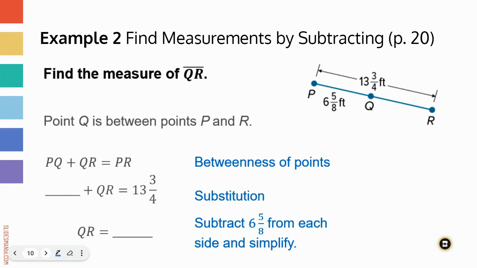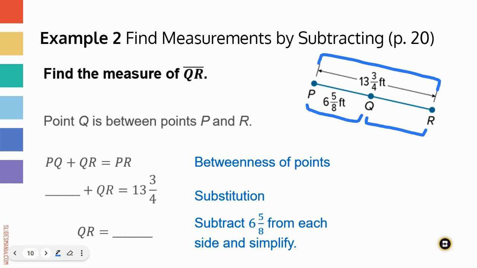We know point Q is between points P and R. So we start off by just setting up a little equation. We know that PQ plus QR is equal to the big length of PR. That is due to the betweenness of points.